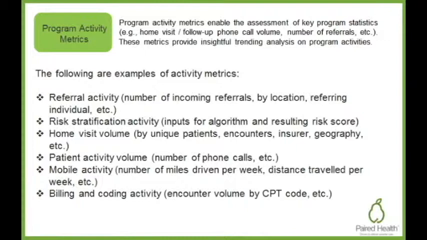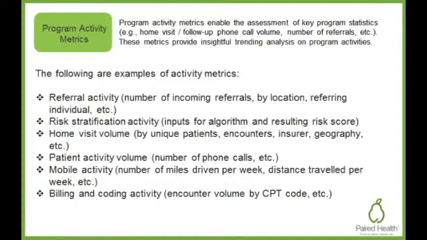Home visit volume by unique patients, encounters, insurer, geography, etc. Patient activity volume, number of phone calls, number of visits, timing and frequency of phone calls and visits. Mobile activity, number of miles driven per provider per week, distance traveled per provider per week, etc. And then the billing and coding activity, so the encounter volume by CPT code for each type of home visit delivered.